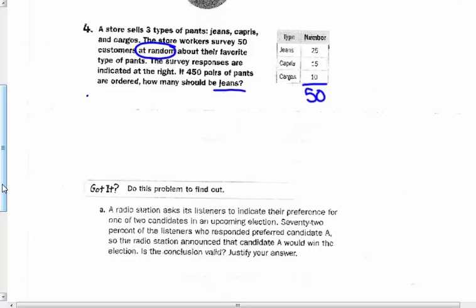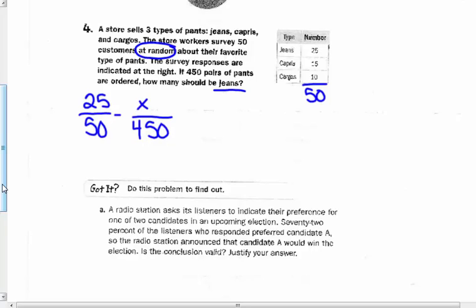If 25 out of 50 preferred jeans, this is a valid survey because it's random, so I can use these results to make a prediction about a larger amount. This was 50 people. If I asked 450 people, what would I expect that amount to be?